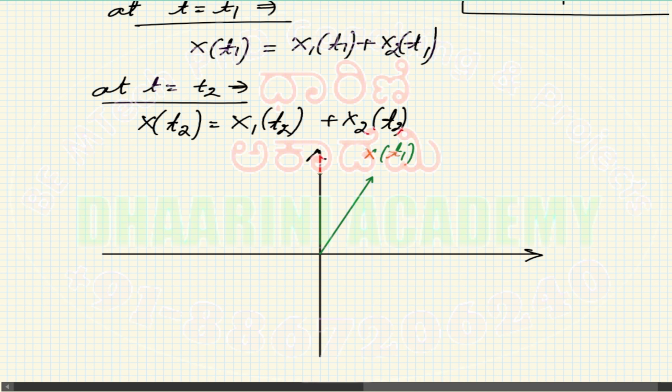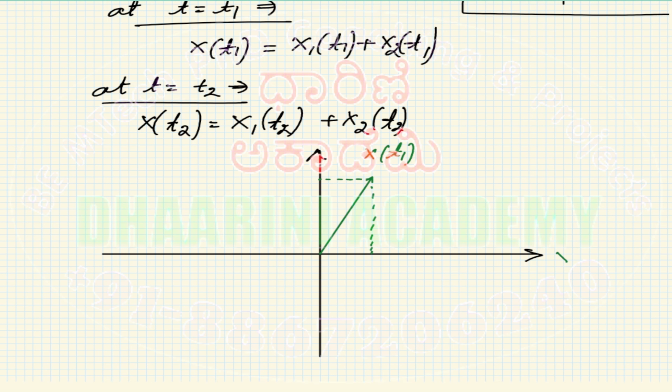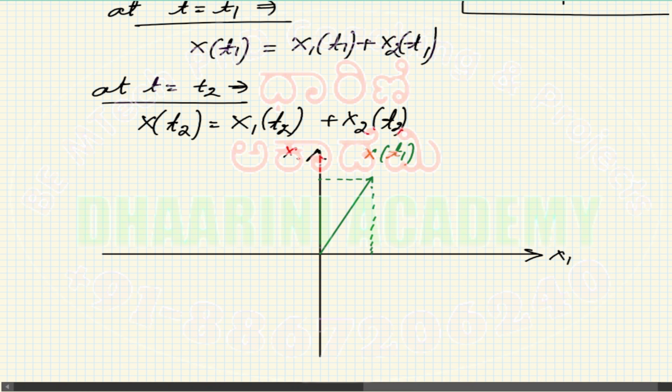It's x1 of t1 plus x2 of t1. X1 of t1 you obtain over here, x2 of t1 you obtain from the y-axis. The horizontal axis represents x1 and the vertical axis is x2. So x of t1 is this.